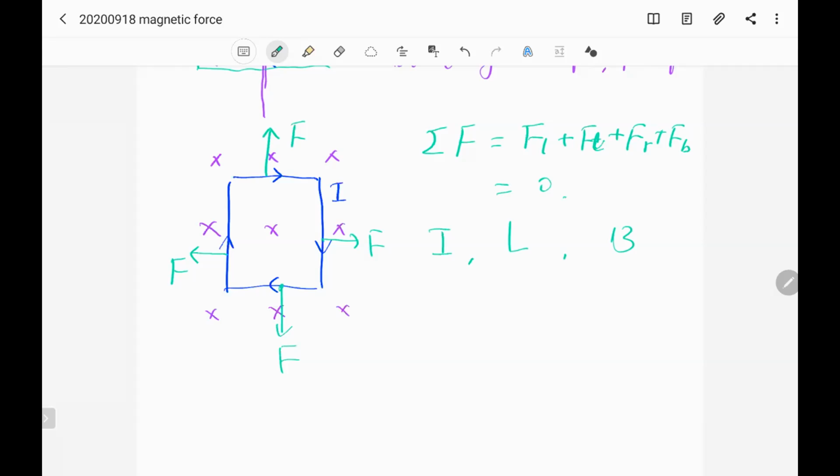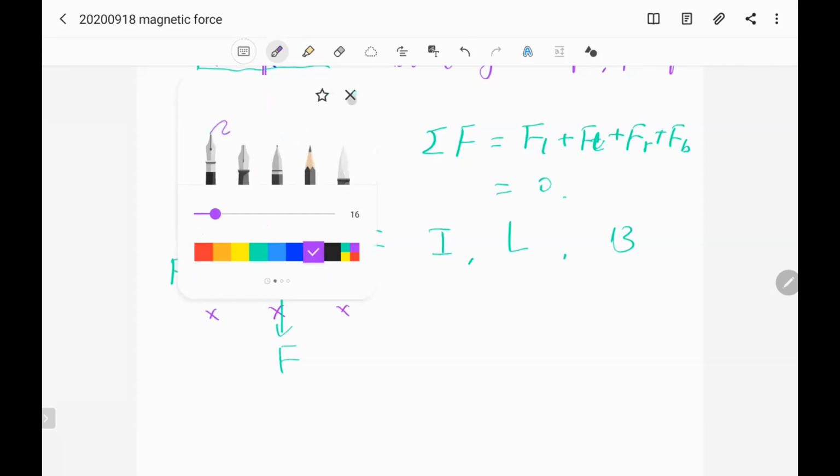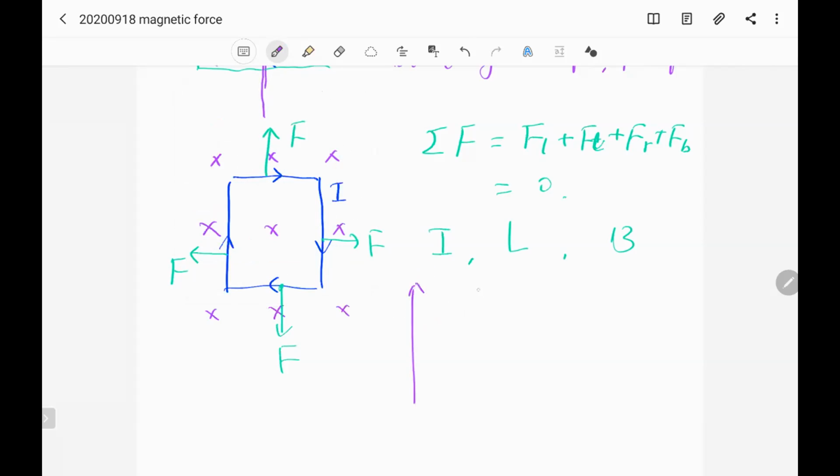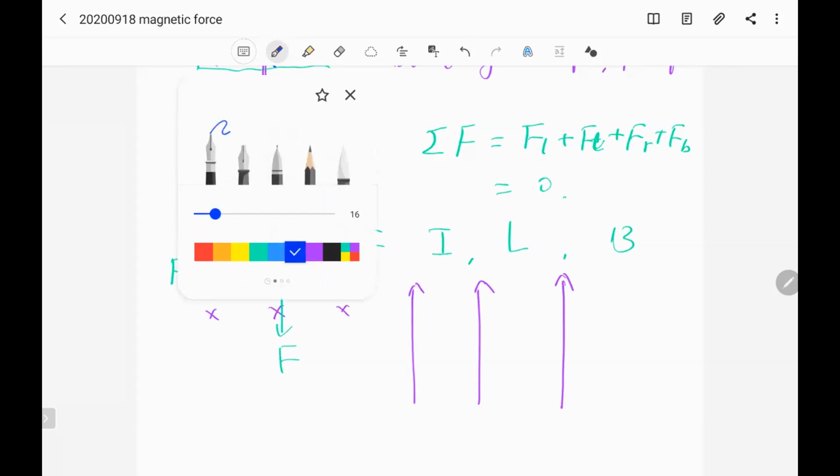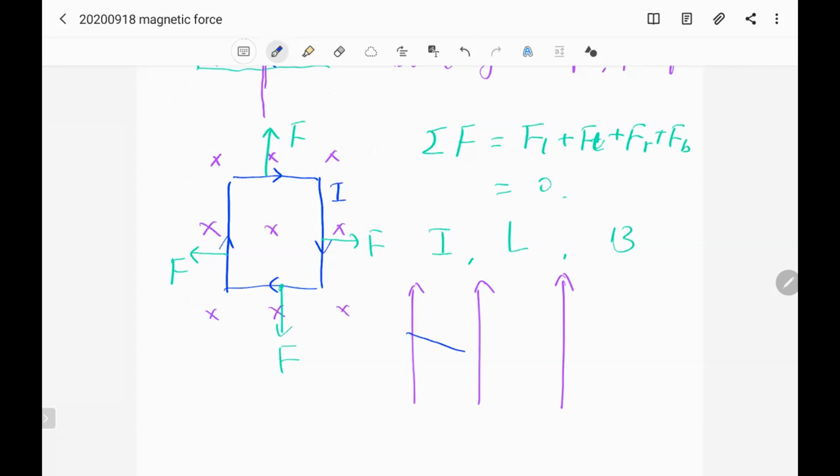If this loop has an angle with the magnetic field, not perpendicular, in this case we see that the magnetic field is perpendicular to the surface of the loop. But if the magnetic field has an angle, not 90 degrees, for example, this is the magnetic field, it goes down, and we have a current loop in this way.